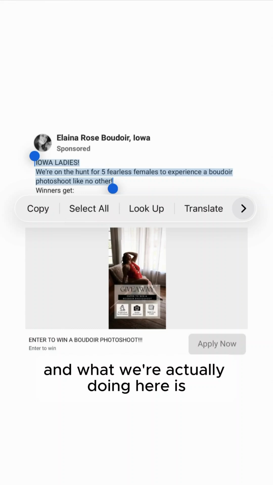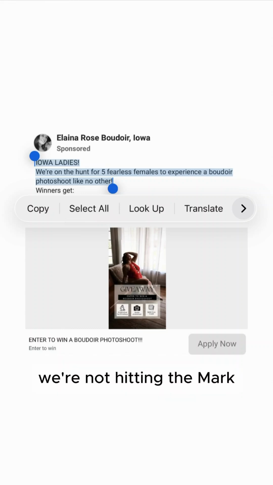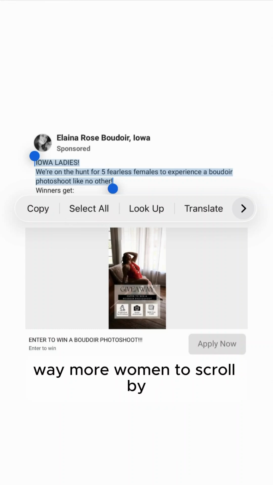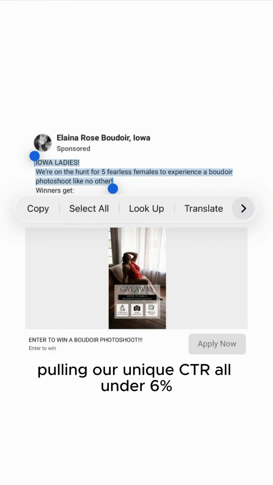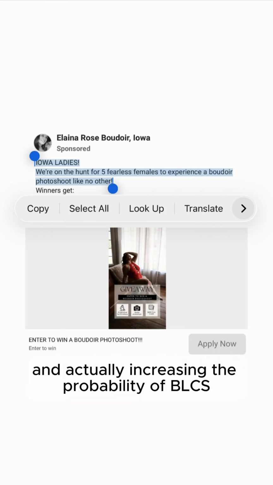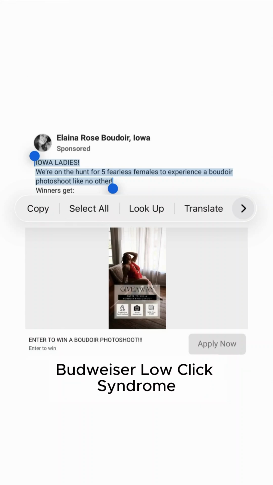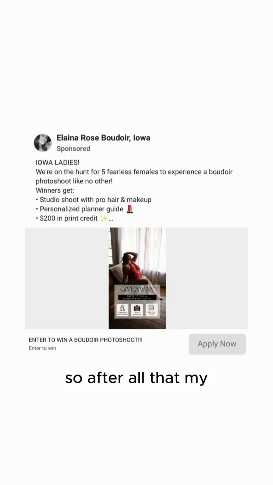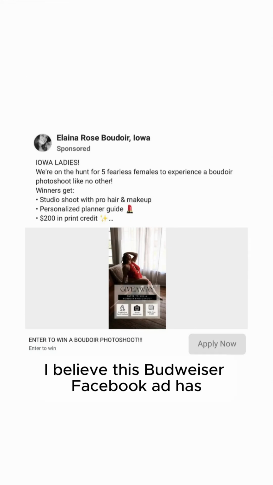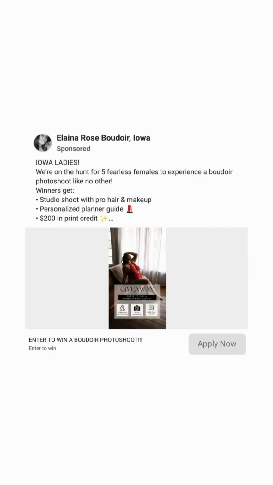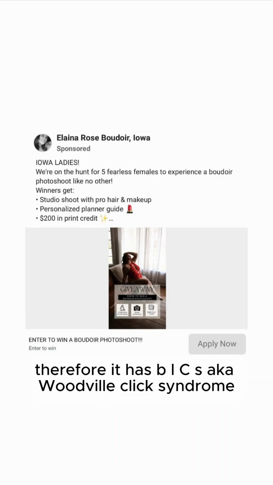And what we're actually doing here is we're not hitting the mark, causing way more women to scroll by Boudoir Facebook ad than necessary, pulling our unique CTRL under 6%, and actually increasing the probability we have BLCS, Boudoir low click syndrome. So after all that, my diagnosis is I believe this Boudoir Facebook ad has a unique CTRL under 6%. Therefore, it has BLCS, aka Boudoir low click syndrome.